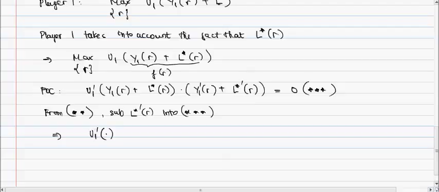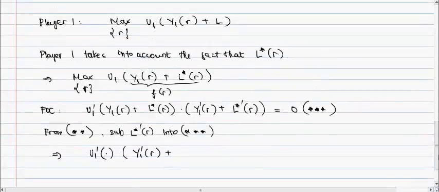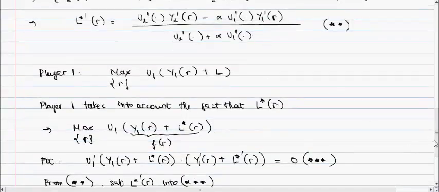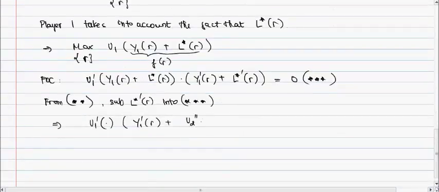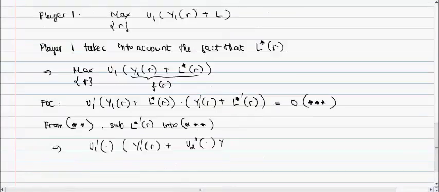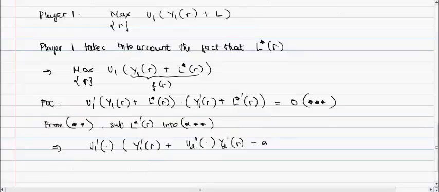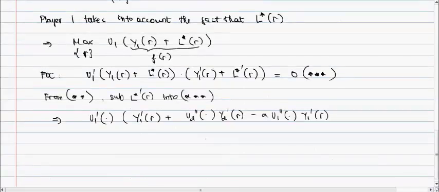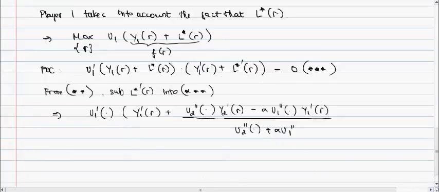So it is U1 dash of everything over here, multiplied by y1 dash of R plus L star dash of R. Now L star dash of R we found earlier equal to this: U2 double dash times y2 dash of R minus alpha U1 double dash y1 dash of R, and everything divided by U2 double dash plus alpha U1 double dash.